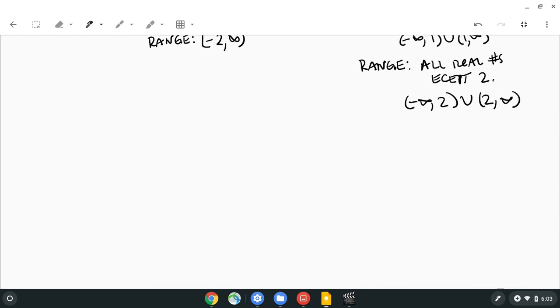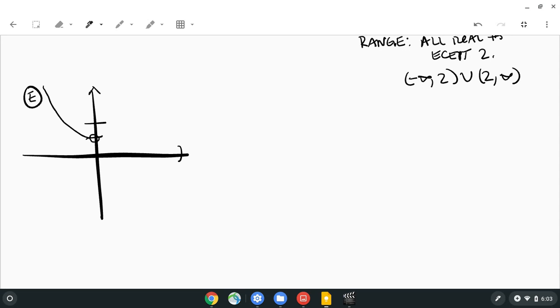And let's take a look at another one here. Suppose that I have this graph, and suppose my graph does something like this. And then right here, we have a hole, and then I do that, right?